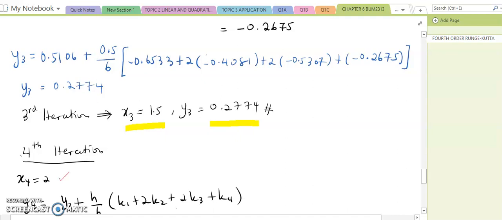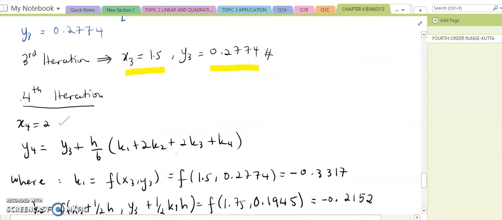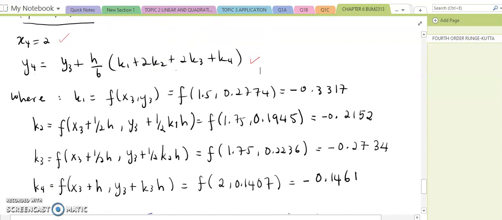And to find the y4 value, the formula is given by this. And as usual, just find the k1, k2, k3 and k4 values. But you need to be careful here. For computation of k values, you must refer to the previous x value, so you must refer to x3 and also y3 value.